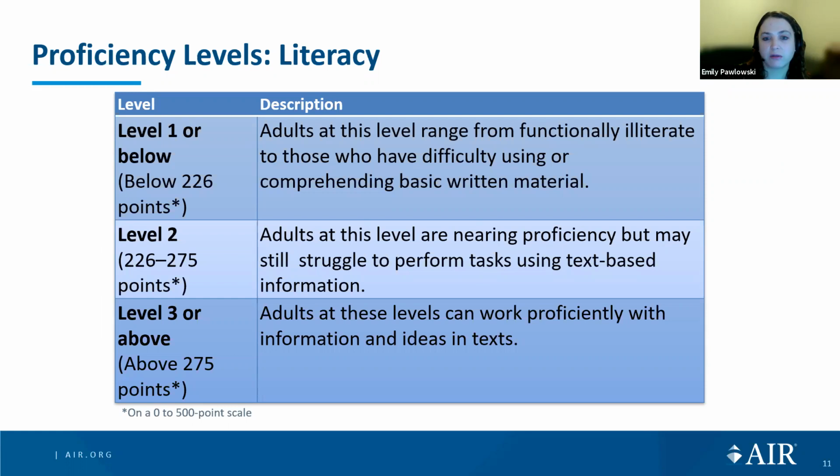These adults can range from functionally illiterate to those who have difficulty using or comprehending basic written material. The middle skilled adults at level 2 are nearing proficiency, but may still struggle to perform tasks using text-based information. While those at the higher levels in literacy, level 3 or above, can work proficiently with information and ideas in text.